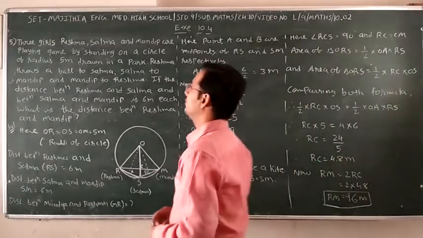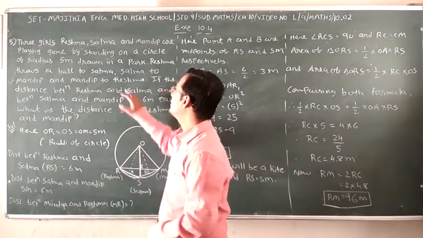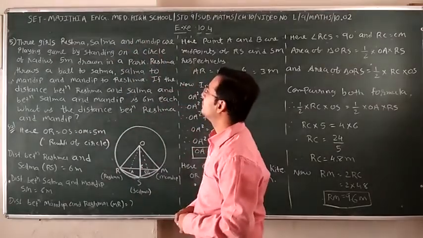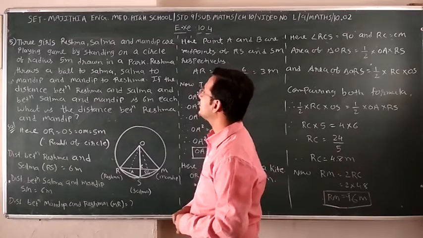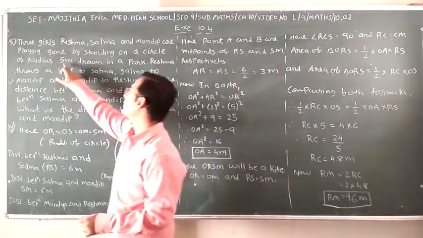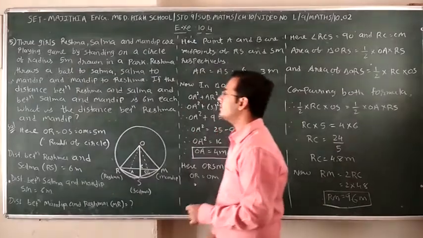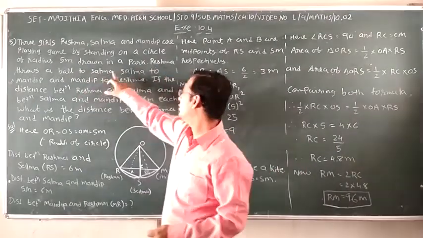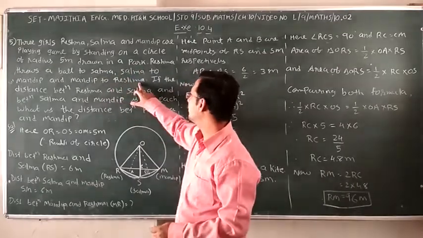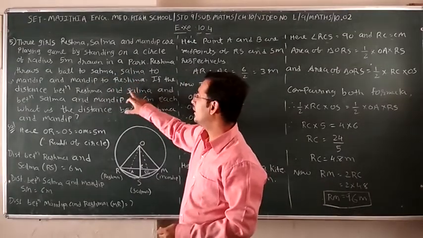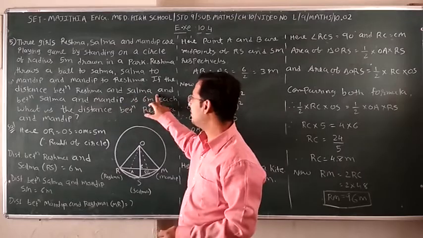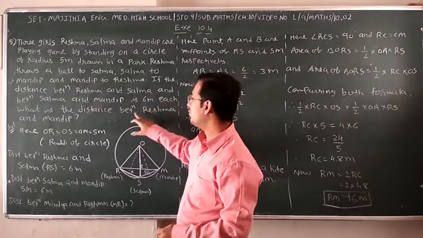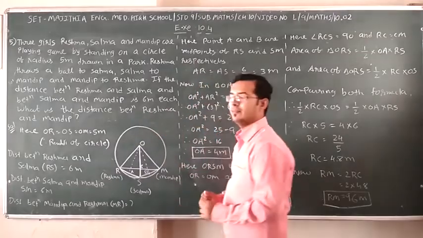Sum number 5. 3 girls, Reshma, Salma and Mandeep, are playing a game by standing on a circle of radius 5 meters. So the circle's radius is 5 meters, drawn as a path. Reshma throws the ball to Salma, Salma to Mandeep, and Mandeep to Reshma. If the distance between Reshma and Salma and Mandeep is 6 meters each, what is the distance between Reshma and Mandeep?